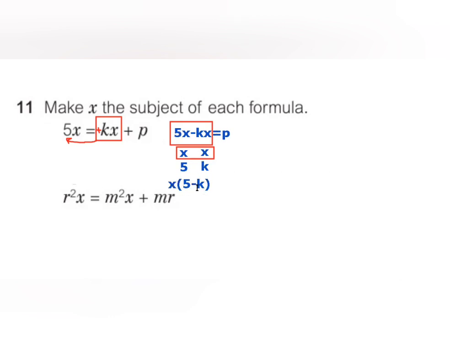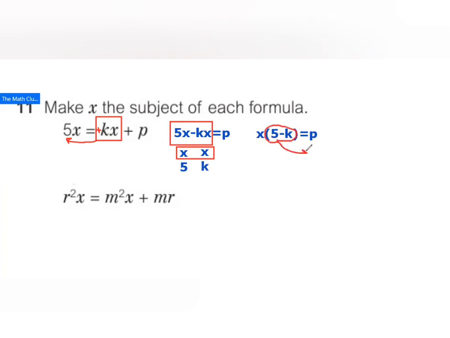Now, I'm going to continue using the factorized part here. I'll put it here, and then I'll make it equal to p. So, after factorizing, I made it equal to p. Now, the x is multiplied by the whole bracket, and I want the x alone. So, I'm going to take the whole bracket to the other side.